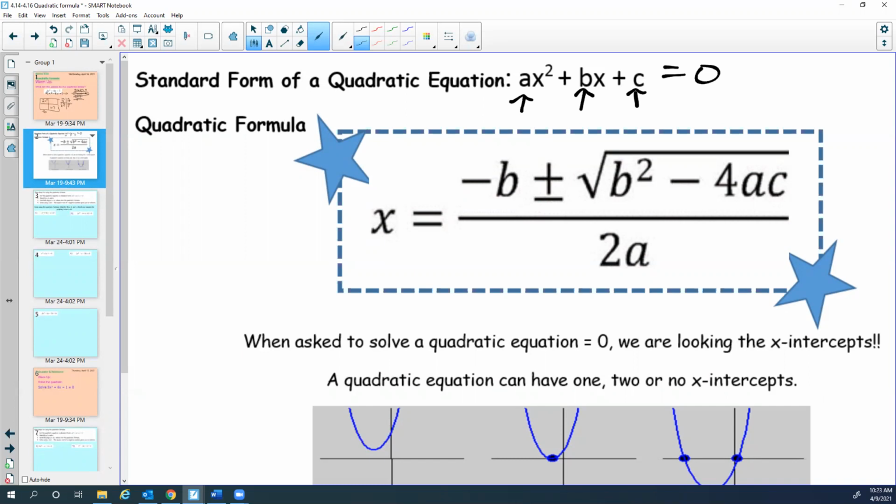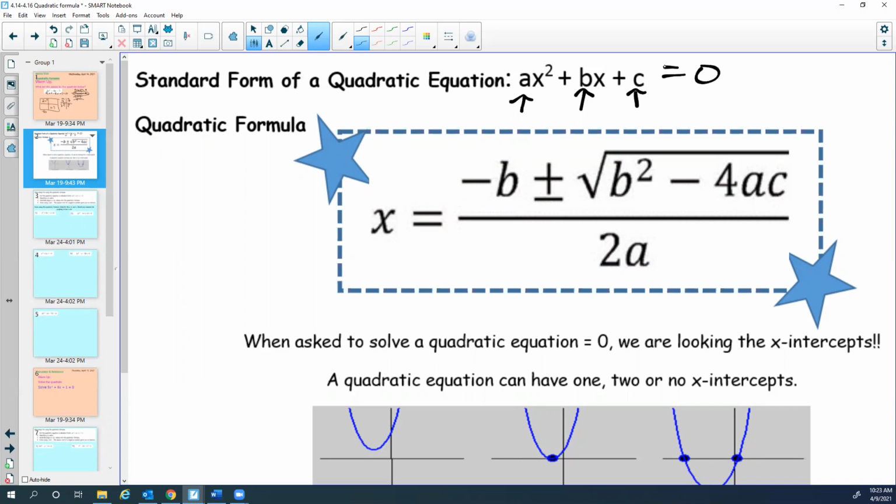You're going to take each of those numbers and place them in that exact spot. So negative b plus or minus the square root of b squared minus 4ac all over 2a is what you'll end up doing. And in the end, you'll simplify and work it out to see if you get 1 answer, 2 answers, or no answers.